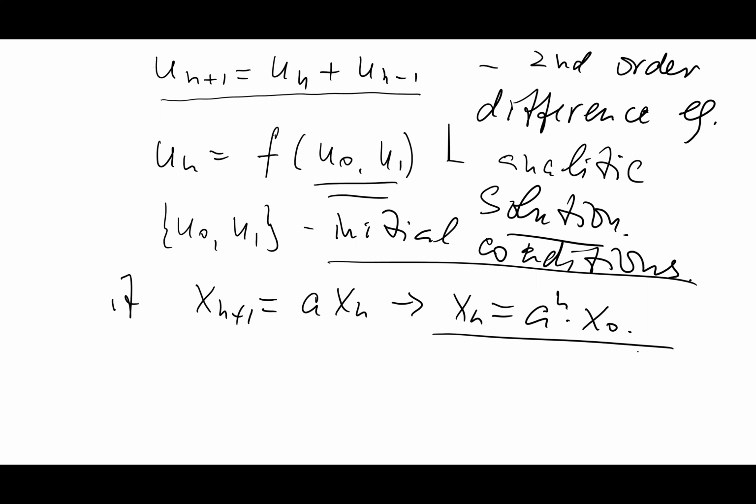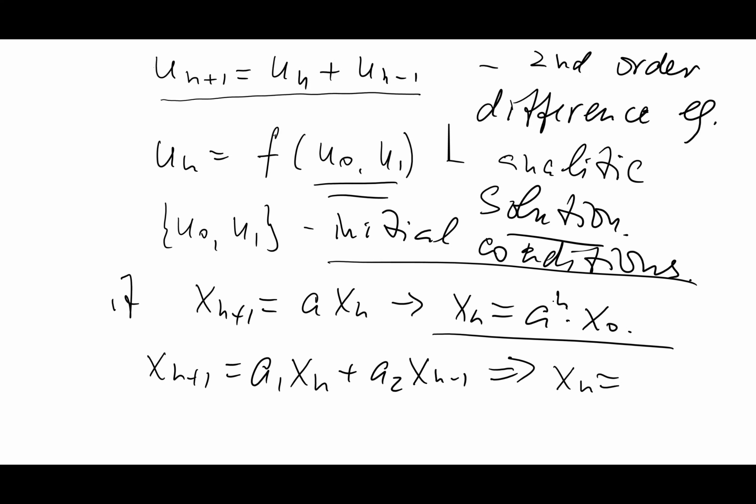And for a second order linear difference equation, like x_{n+1} = a_1 x_n + a_2 x_{n-1}, we still can try to find a solution in a similar way, but we don't know what to use instead of a, and we will use lambda to the power of n times x_0.